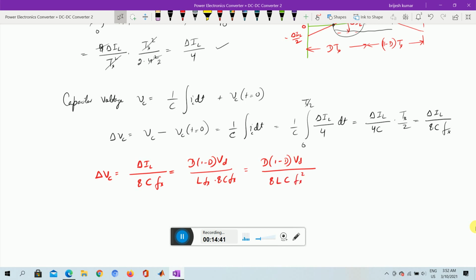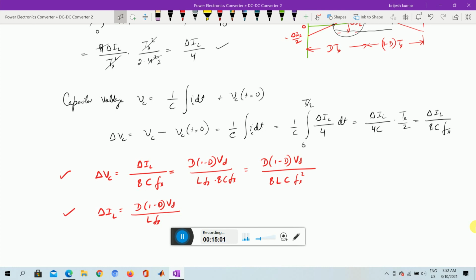So this is one thing, and the other is del IL that we have, which we rewrite as d(1 minus d) Vd by L Fs. So we have the expression of del Vc and del IL.